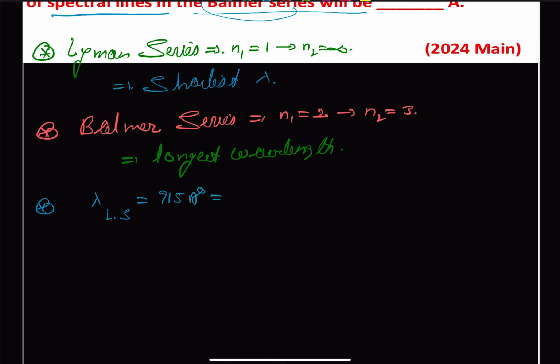And from our Rydberg formula we can write that 1 upon the wavelength for Lyman series will be equal to RH times (1 upon 1 square minus 1 upon infinity square).